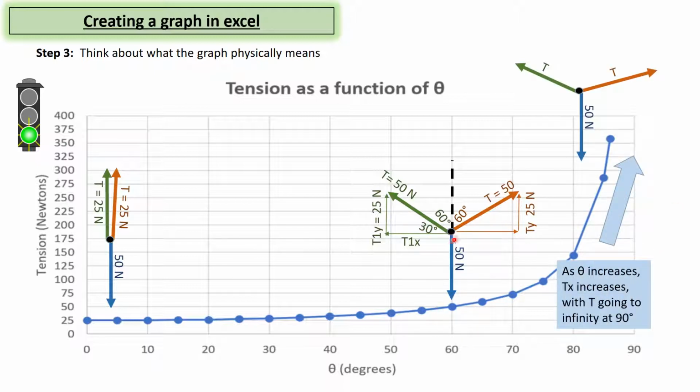The doomsday scenario, if we keep stretching this out, we can never actually get to a 90-degree angle. You always have to have something here in the y direction because our load is in the y direction. And you can try this out at home.